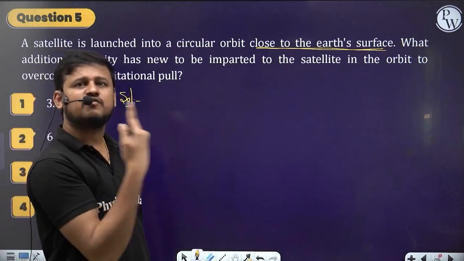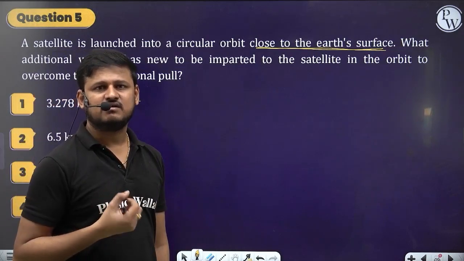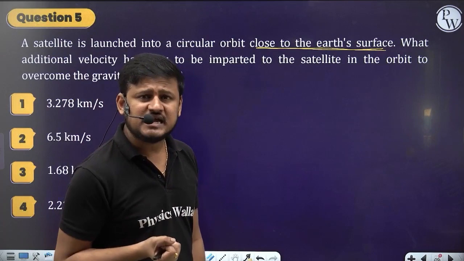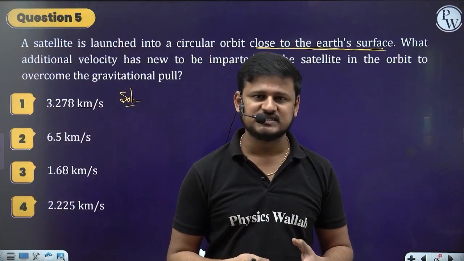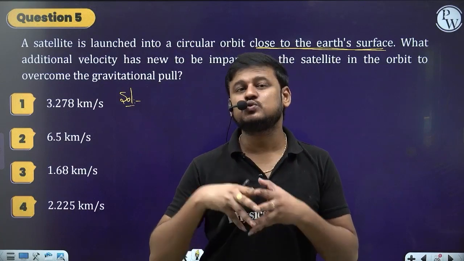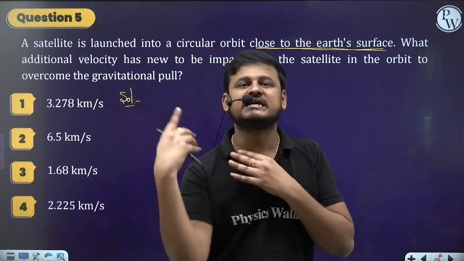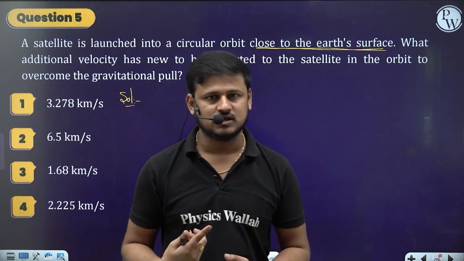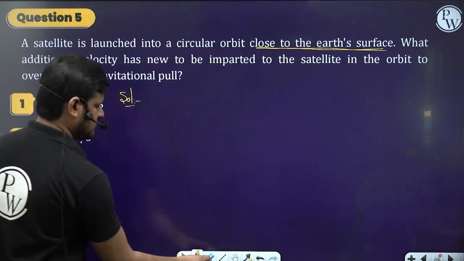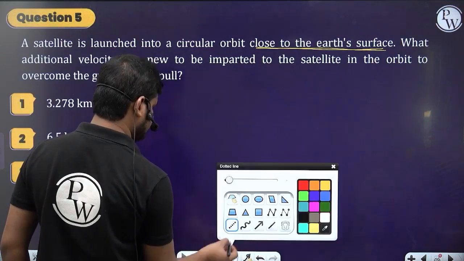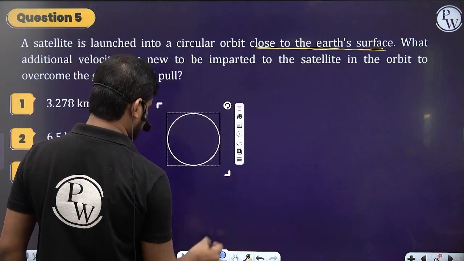Because it has to revolve in the circular path, right? If it is pulled by the earth, it will fall into the Earth. Understanding? It has to overcome the gravitational pull, then only it can revolve around the Earth. Chalo, try this question on your own.